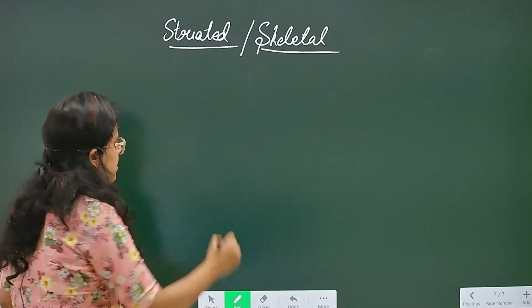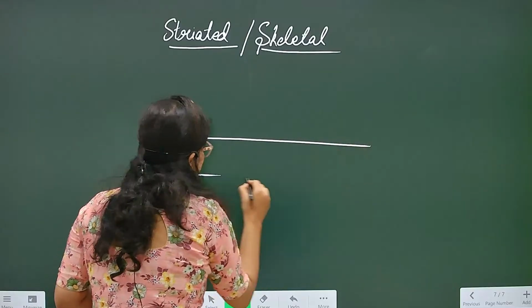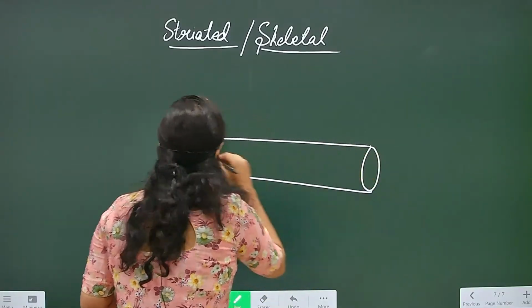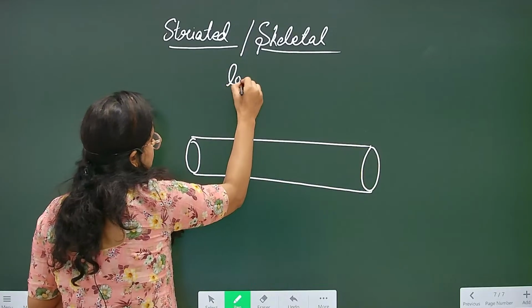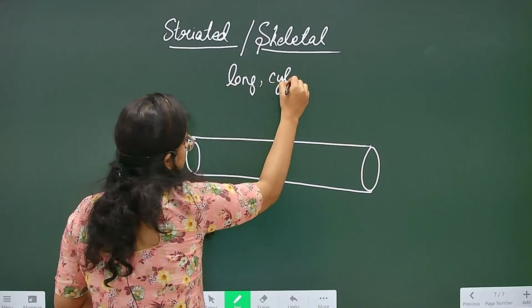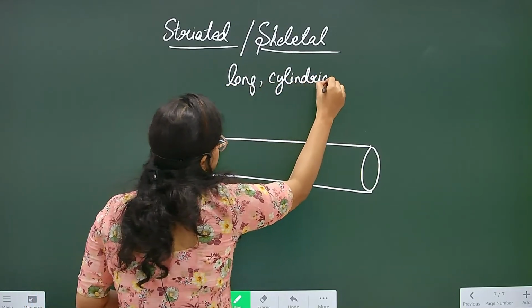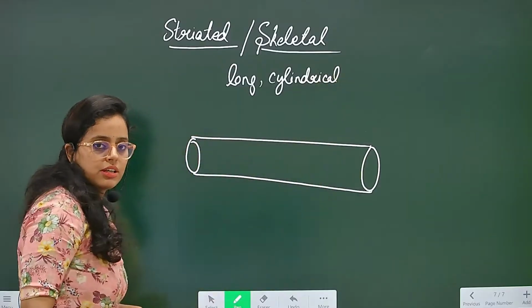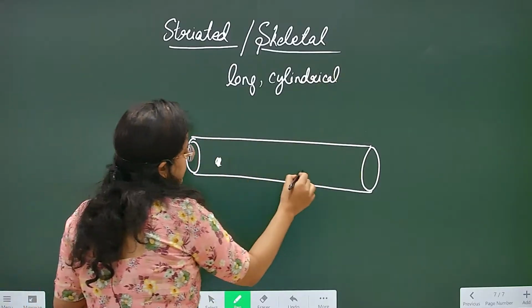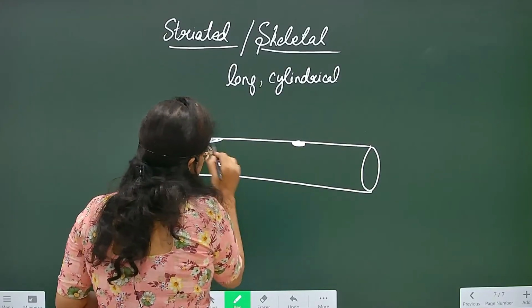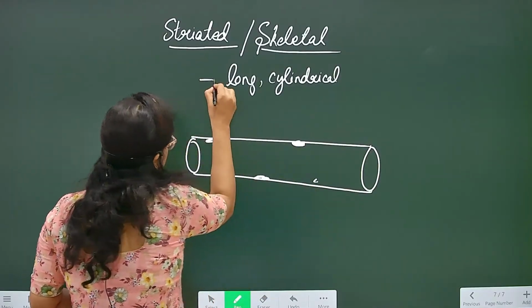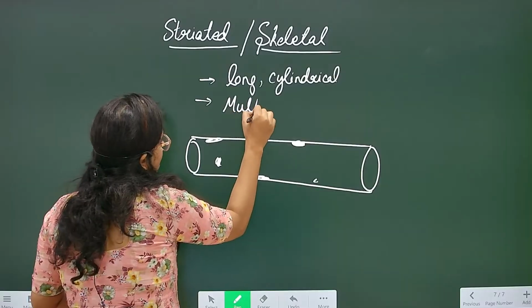So here we can see the skeletal muscles or striated muscles. Okay, these are long cylindrical muscle fibers. The shape of the muscle is like a cylinder. Okay, they are multinucleated. They have multiple nuclei.